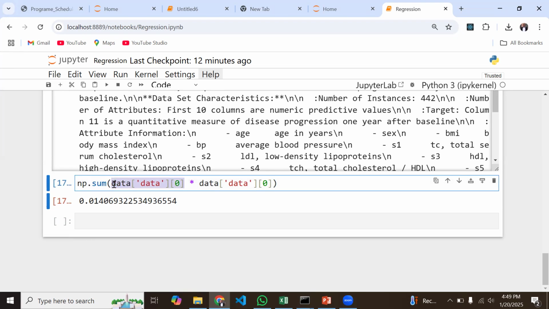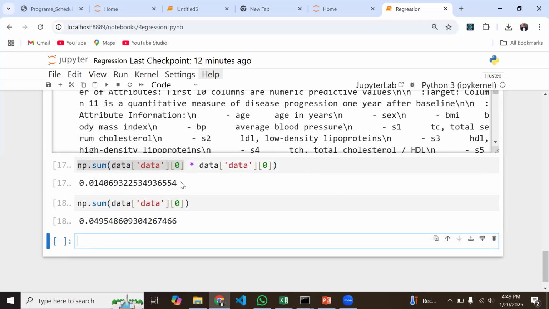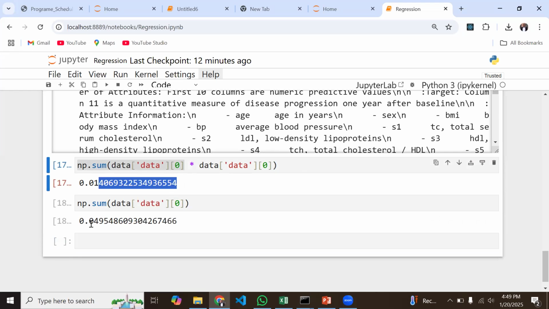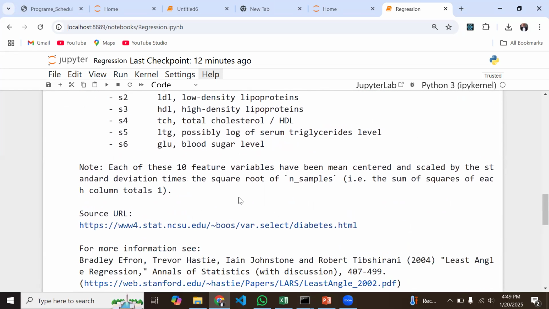Let me see this. Control C, Control V. 0.4. Okay, these two are completely different.